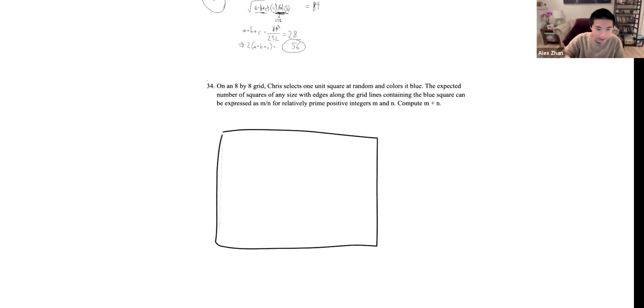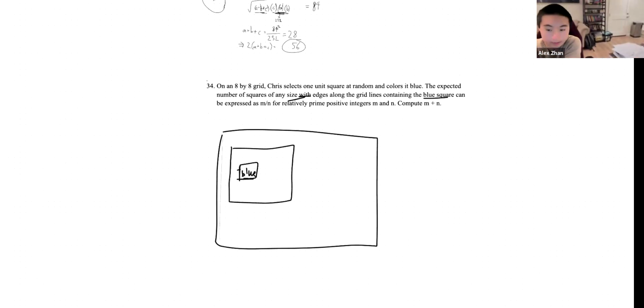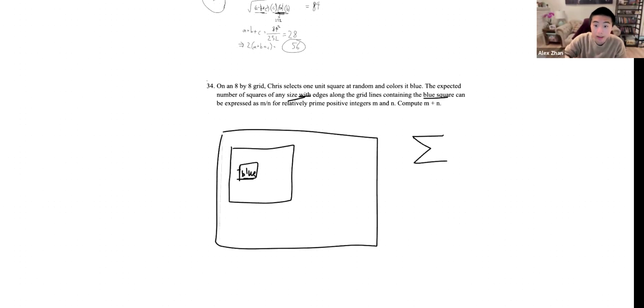So let's say this is our blue square. Then what we want to count is the number of larger squares containing it. Let's write it in sigma notation, since the expected value in total is going to be over all blue squares, which is 64.